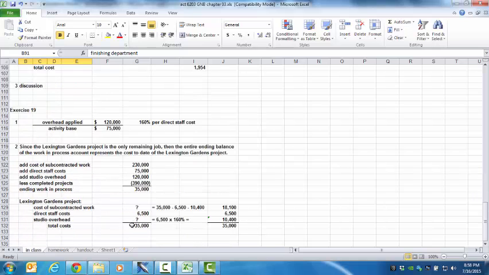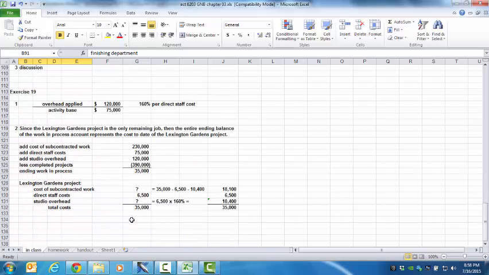Now, I did want to show you one example of how we can use job costing in a service organization, and that was exercise 19. Exercise 19 says that you're an architectural firm, and there are going to be some word changes here because in a service organization, we don't think of things like direct materials. We use what are called supplies. A direct material implies that every single unit gets the same treatment.